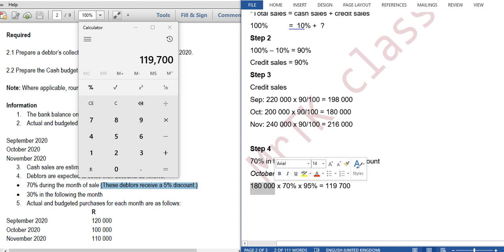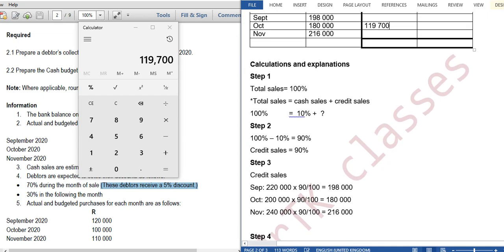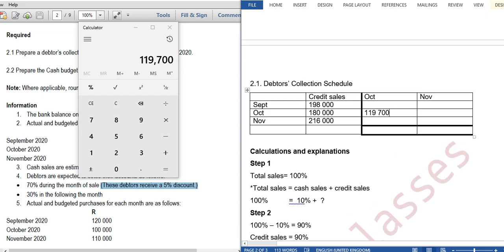Then this same month we are going to receive only 70% of this 180,000, but now we are going to give them a discount of 5%, so that 5% you are not going to receive. We are going to receive 95%, so 119,700. So this is October and October. So we go under October and October and say 119,700. Okay, then now what is another month that we have?